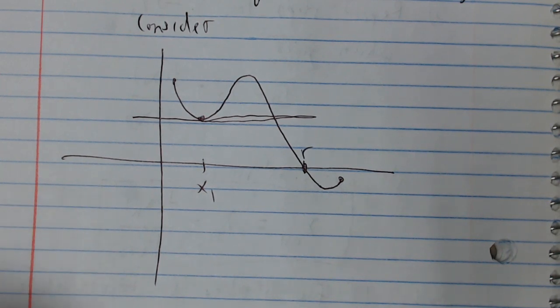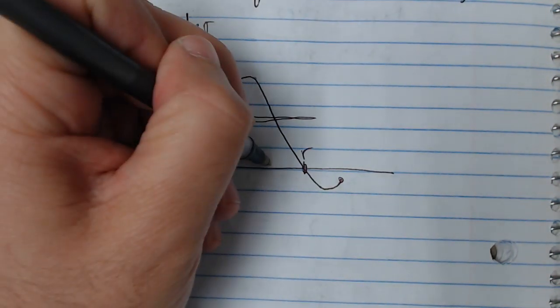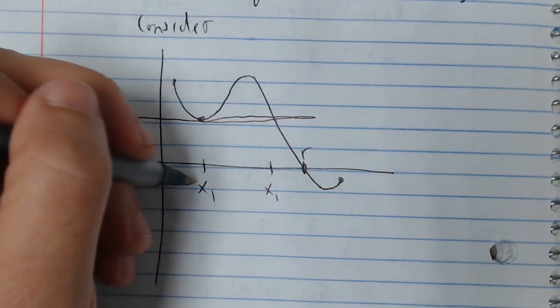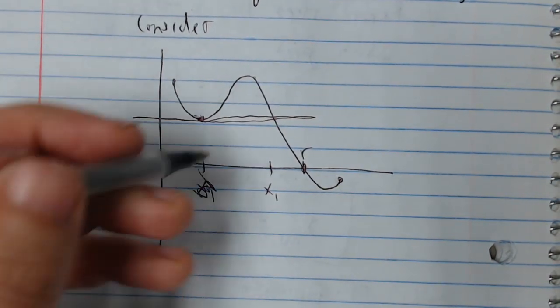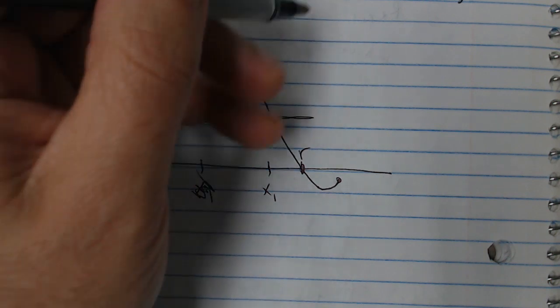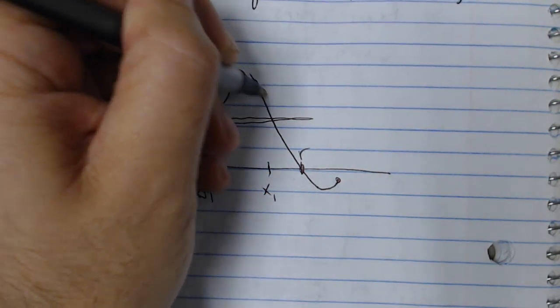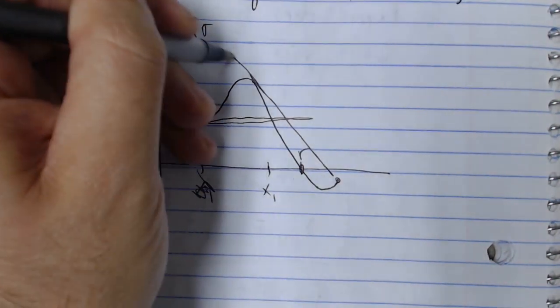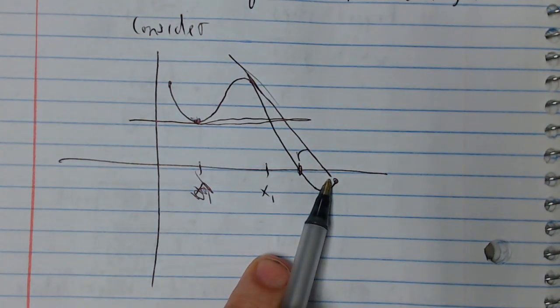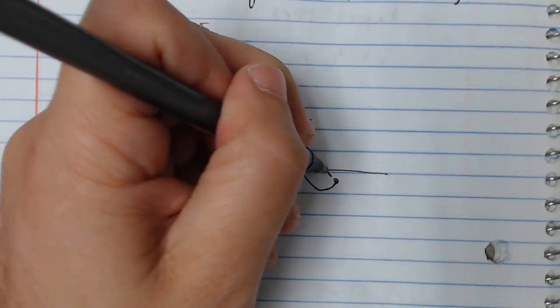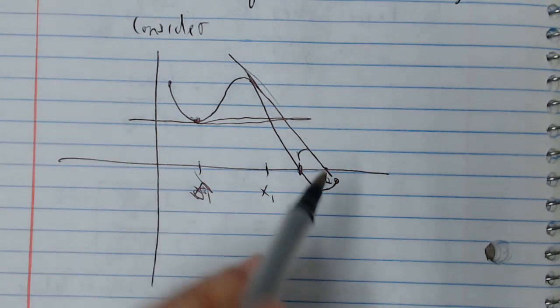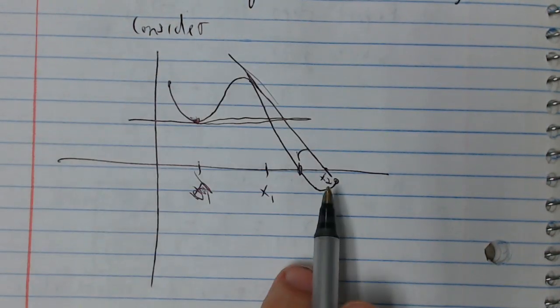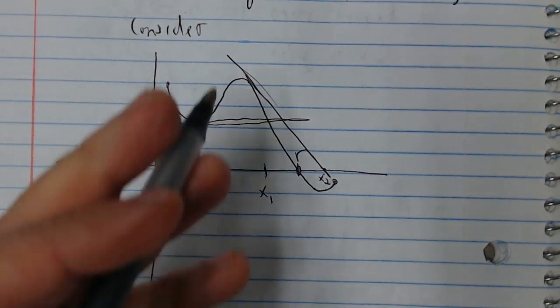What would be the next problem? What if I picked, for example, this as my x sub 1? So let's get rid of this one. What if I picked this as my x sub 1? Then if I found the equation of this tangent line, it would take me here, which so far looks good. Then if this is x sub 2, what would I do? I'd find the equation of the tangent line to this curve at x sub 2.